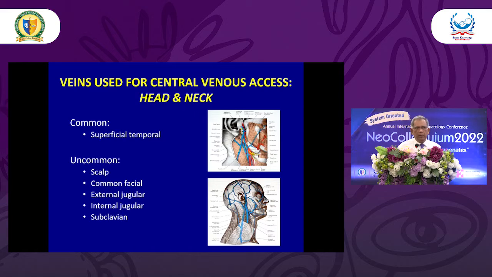But while putting up a long line or pricking a vein in the head and neck, we must be very careful that the head is at a level below the heart. Otherwise, if the head is above the level of the heart and we put up a cannula, it can suck air in. So we have to be very careful in maintaining the posture while putting up a long line through the head.